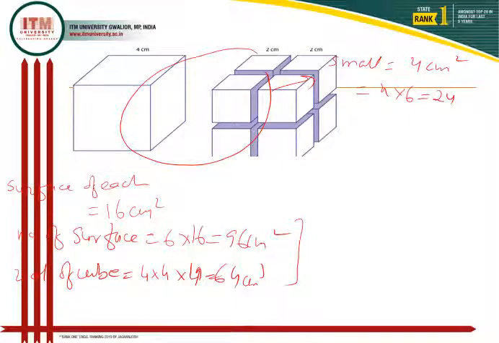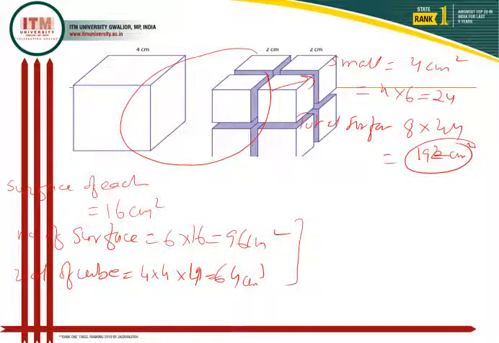Yes, 8 cubes. So for 8 cubes, the total surface is 8 into 24, 192 centimeters square. So the surface area increased from 96 to 192. On the other hand, volume is still 64. Very interesting. Your area is increasing, but the volume is the same.